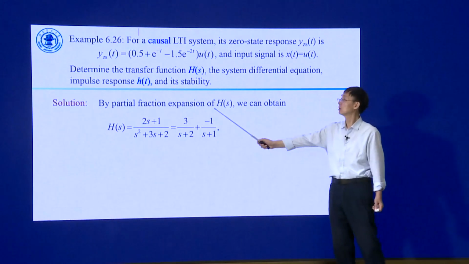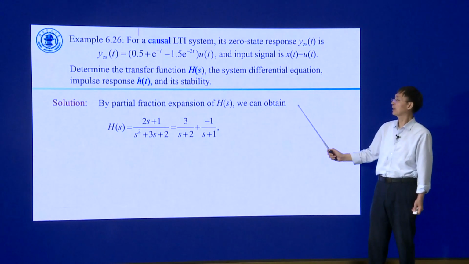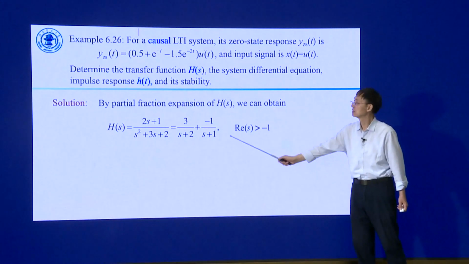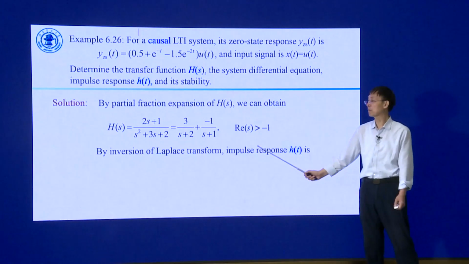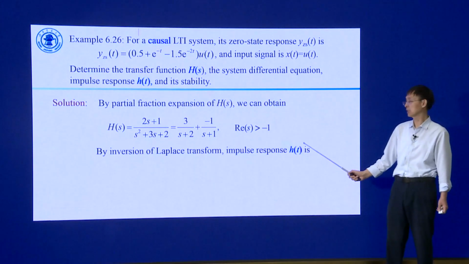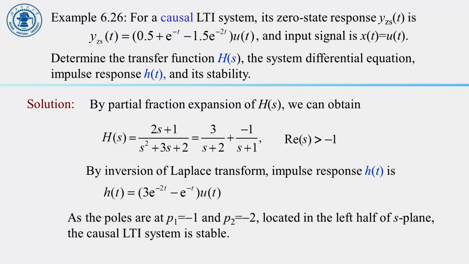By partial fraction expansion of H(s), we can obtain this equation. By inverse Laplace transform, we can get the impulse response for this system. As the poles are located in the left half of the S-plane, this causal LTI system is stable.